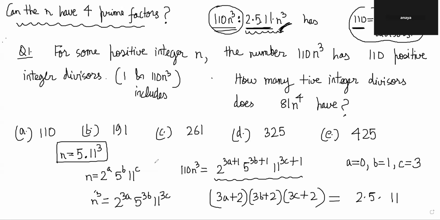So 81 n to the power 4. Find the answer. Don't tell me the steps. I know the steps. The answer is 325.